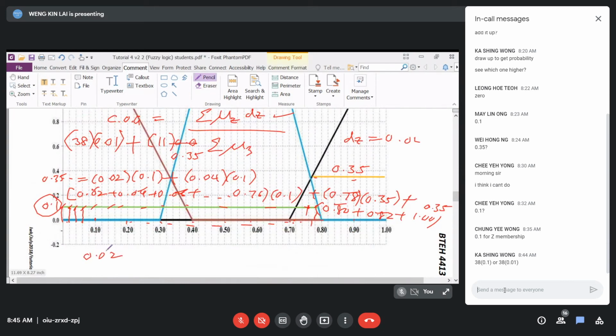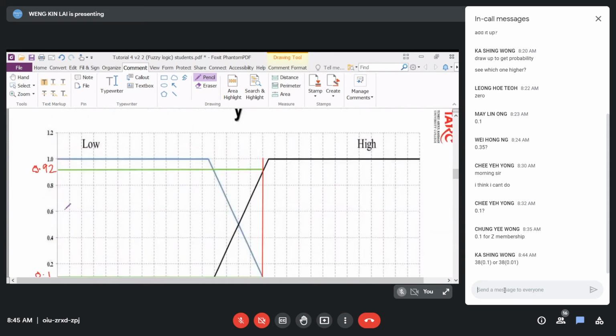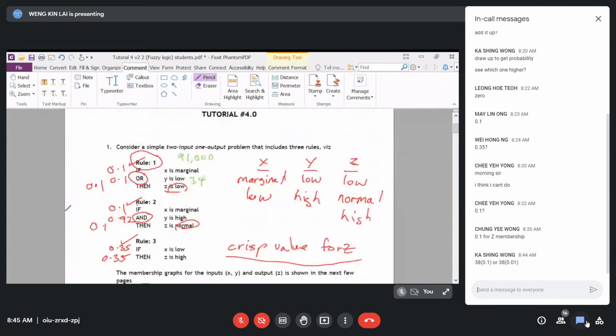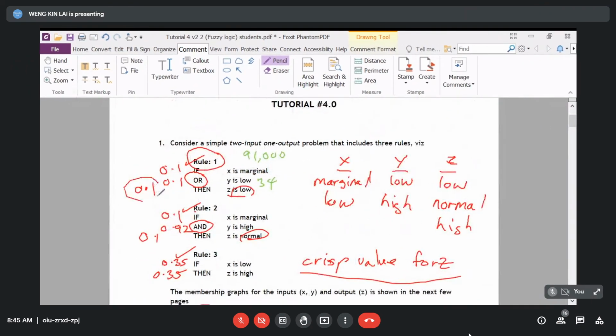That's our sampling point. So this is my 0.02, 0.04, 0.06, 0.08, 0.10. So what's my membership here? This membership is actually 0.1, after the rules here. So you can see here, the first one is 0.1. That's why we have this 0.35.